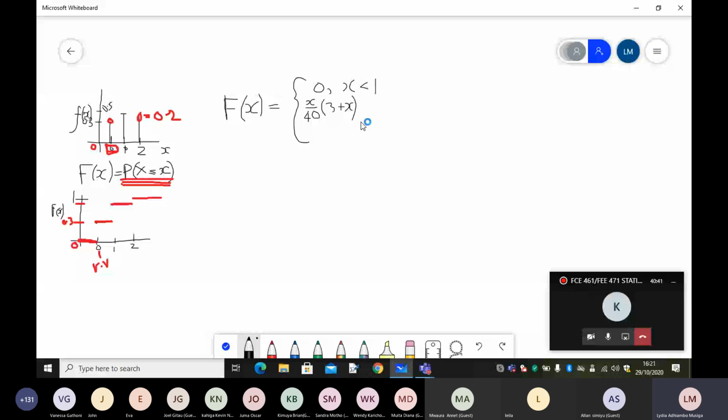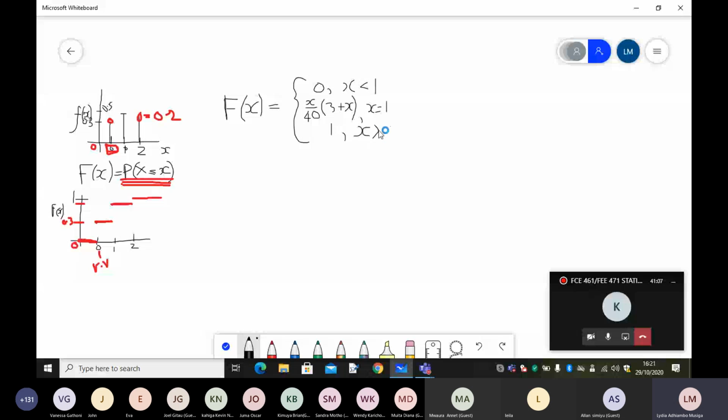And the values of x were x is 1, 2, 3, 4, up to 5, and below that the distribution function becomes 1 when x is greater than 5.